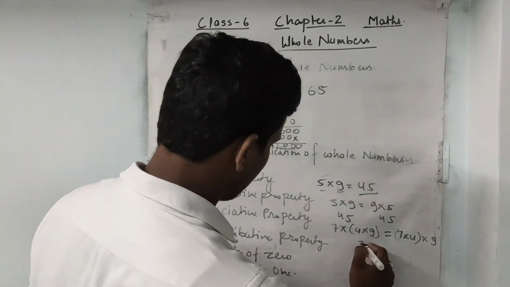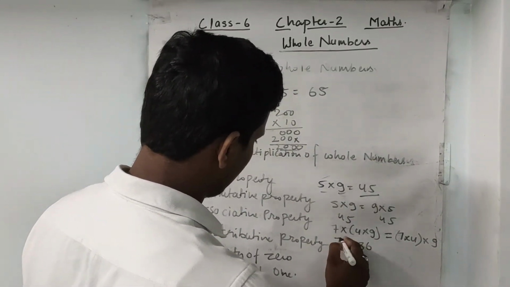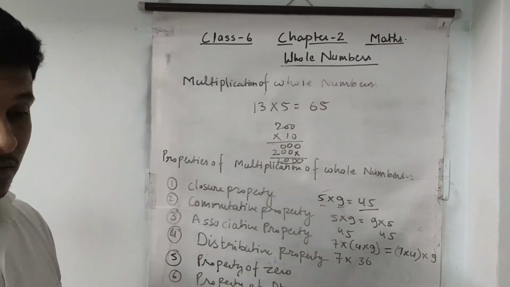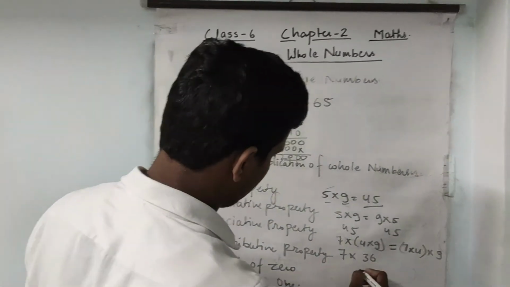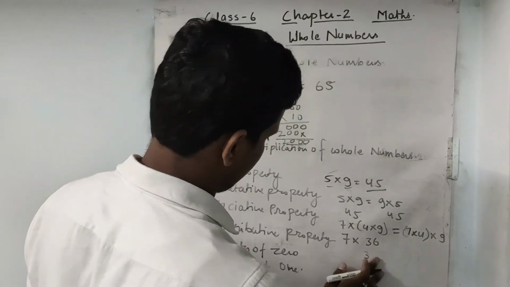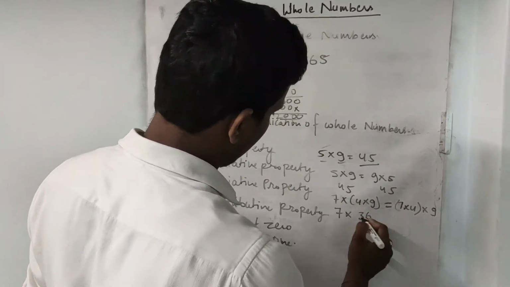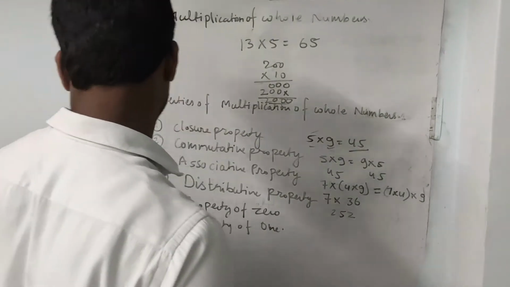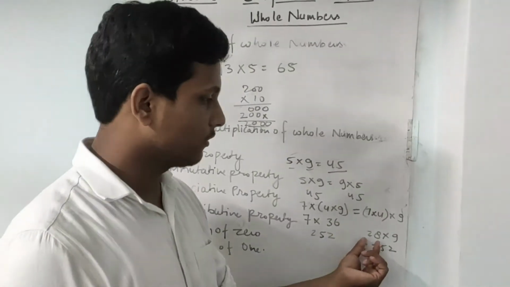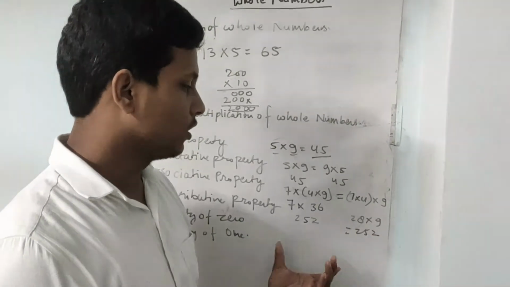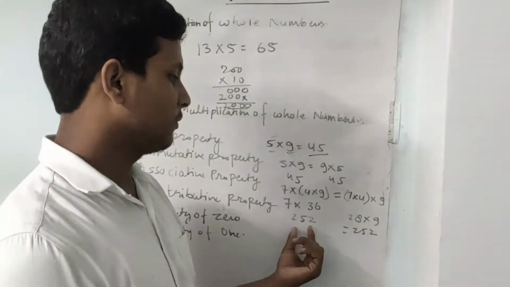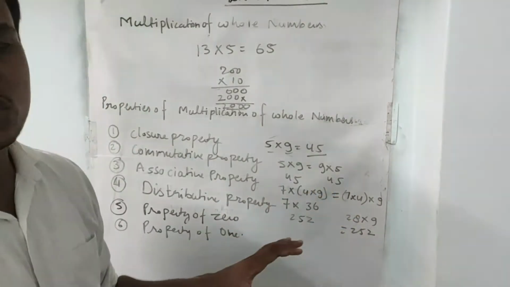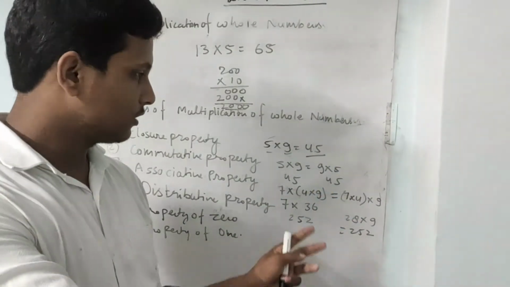Here 4 nines are 36, into 7 is 252. And 7 fours are 28, into 9, that is 252. So if we change the association of brackets with the numbers, there will be no change in the result. So these are the three properties.